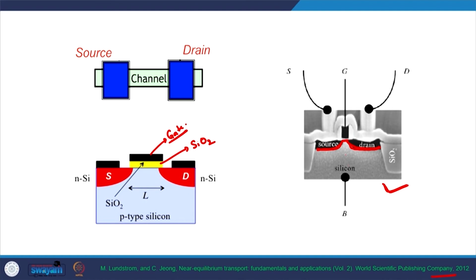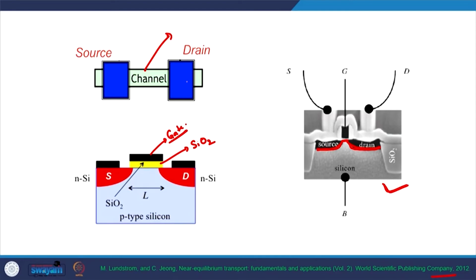As I have always emphasized during our discussions, this channel region is extremely small compared to the source and the drain in actual devices, and that is evident from a real MOSFET. Just above the channel region we have a very thin layer of silicon dioxide, and on top of that we have the gate terminal.